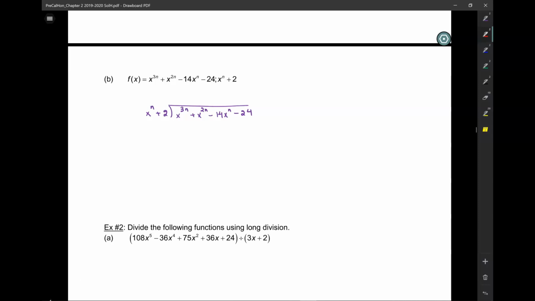Now it's b. So divide first terms with each other. x to the 3n over x to the n gives you what? x to the 2n goes in here. Now I'm going to multiply the entire binomial here. So x to the 2n times x to the n, x to the 3n, plus 2x to the 2n.